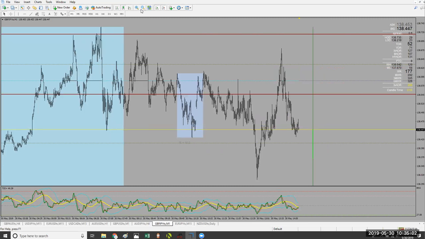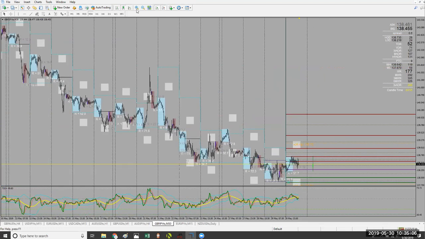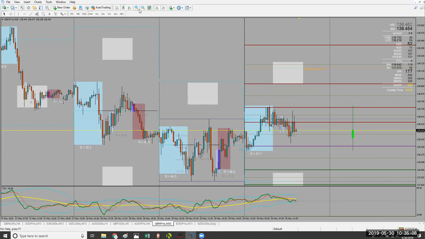Okay. Yeah, go to the 30-minute chart here. Those are stop hunt boxes. Stop hunt boxes. Okay. And then you got your session overlaps. So the top and bottom white boxes are the stop hunts, and the blue boxes are what? Asian session. Okay. What's the other one to the right of that? New York.